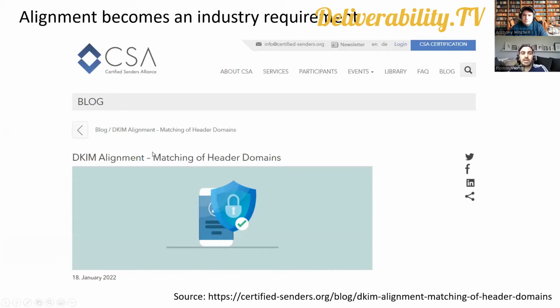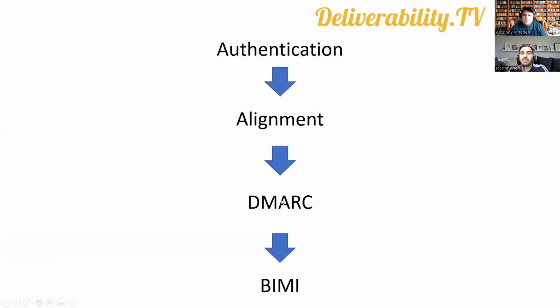In the end, what everybody wants is, you want a DMARC record probably to fight phishing. You might also want to have BIMI to display your image in the inboxes, but BIMI requires DMARC, and DMARC requires alignment.